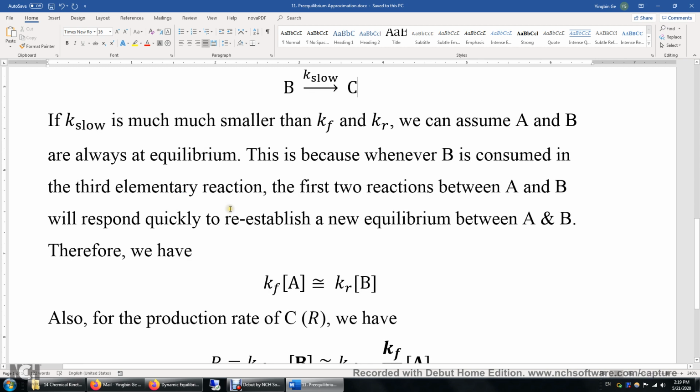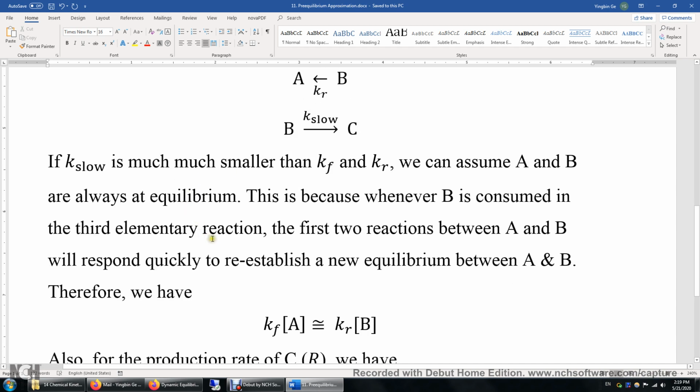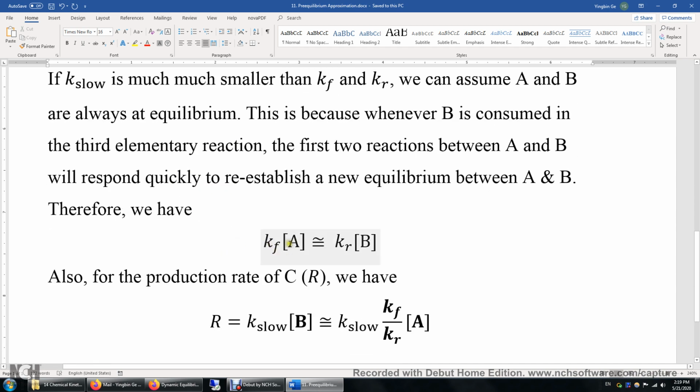And then we say, throughout the entire chemical reaction, actually there are three elementary reactions. So throughout the entire reaction mechanism, you have Kf times A is approximately equal to Kr times B. This is an approximation. We are assuming A and B are always at equilibrium throughout the entire reaction mechanism.